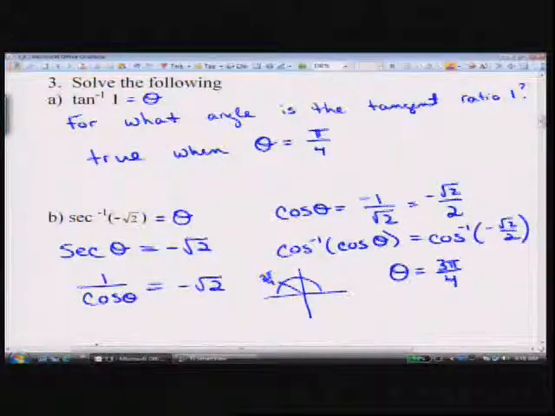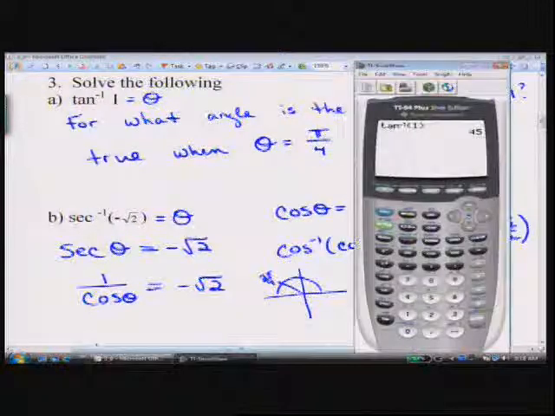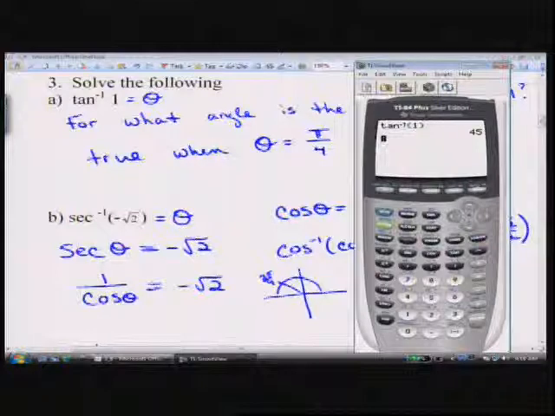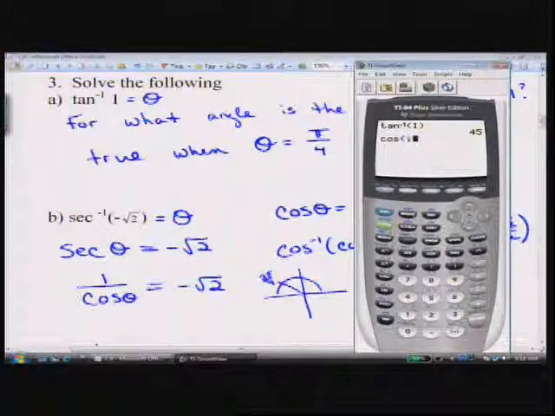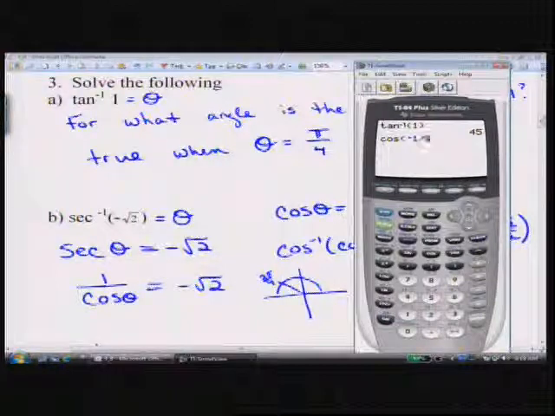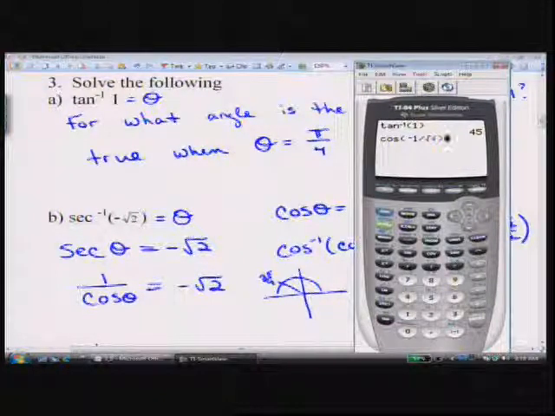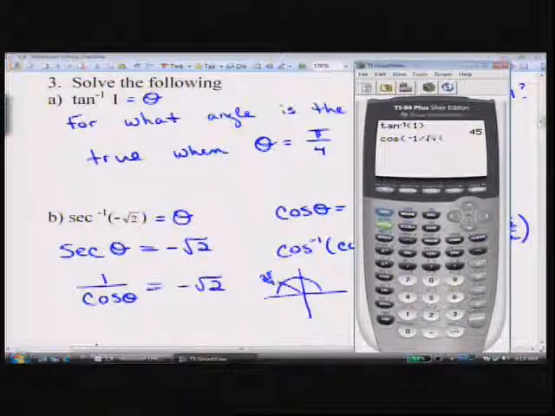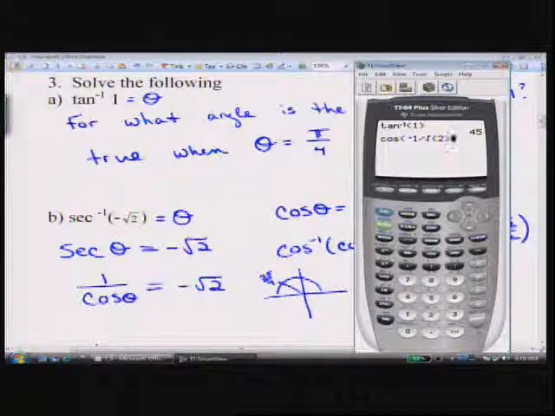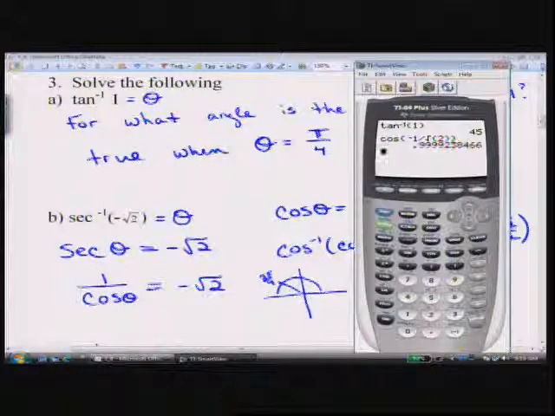You could also do the inverse cosine of negative square root of 2 over 2 on your calculator, or even just 1 over the cosine, negative 1 divided by the square root of 2. And I'm in degree mode, so it's going to give me a degree measure. Oh, sorry, I didn't do inverse cosine.